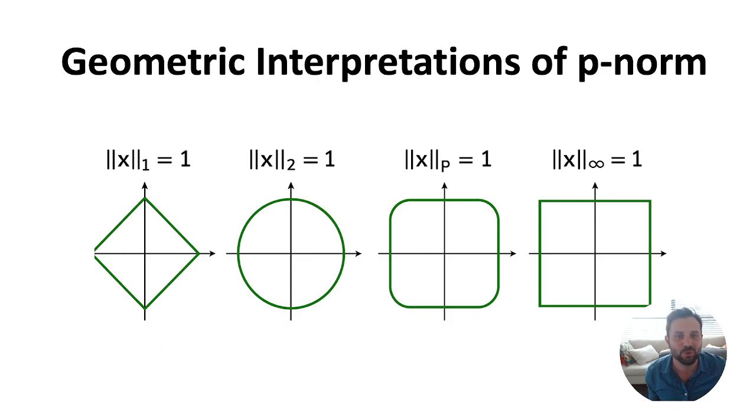The simplest one is to start with the circle. This circle has a name: the unit circle, because it's the set of vectors, the set of data points, whose L2 norm is 1.